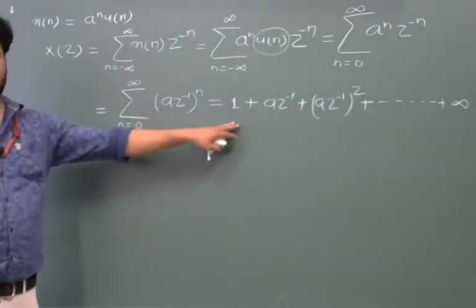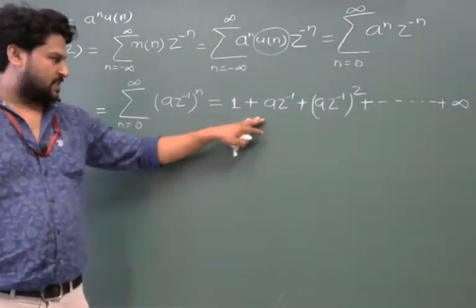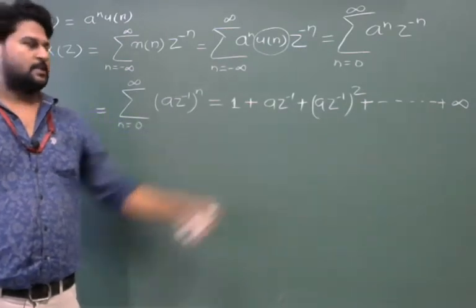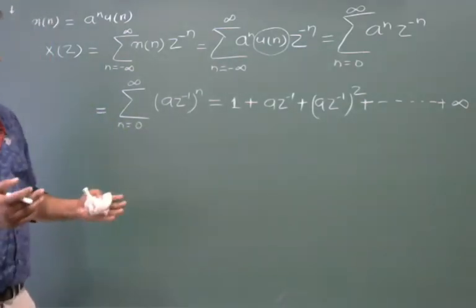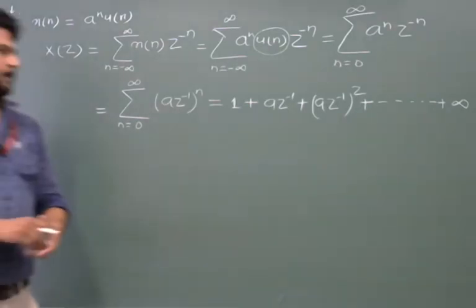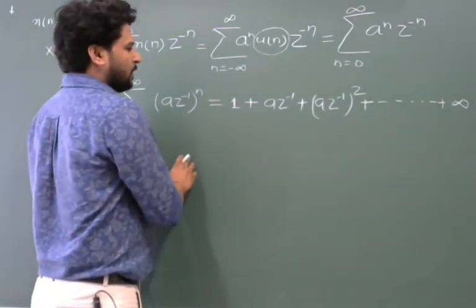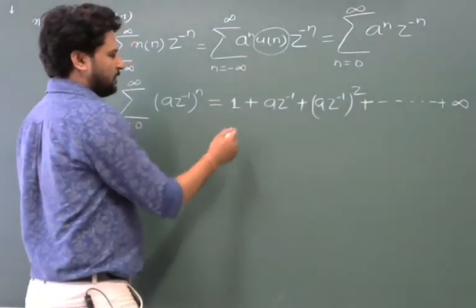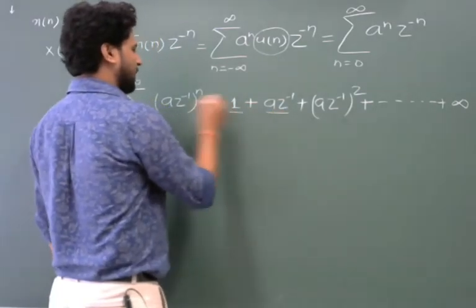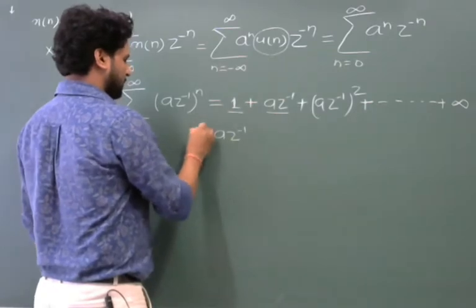Again we can see this is the summation of an infinite GP series, but we can sum up the infinite number of terms in the form of geometric progression only if the common ratio, means this term divided by this term, which is equal to a z power minus 1 here, is less than 1.